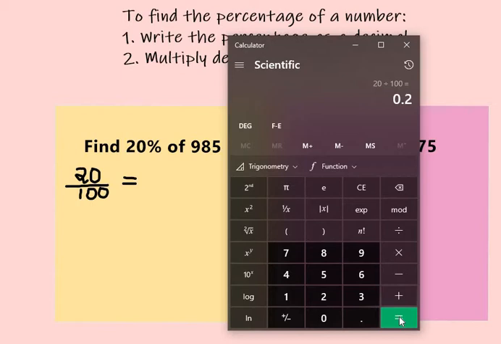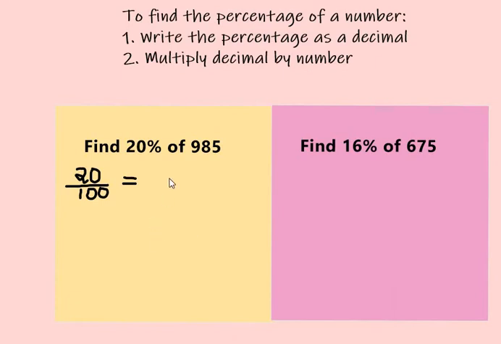And what does that leave us with? 0.2. Excellent. So 20% as a decimal gives us 0.2. And that is exactly how we change our percentage to a decimal.